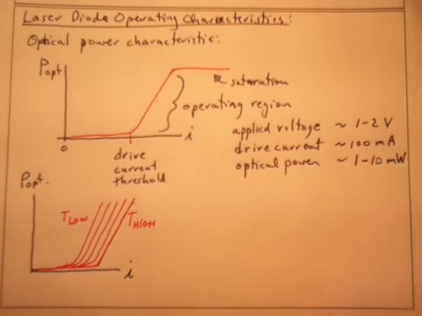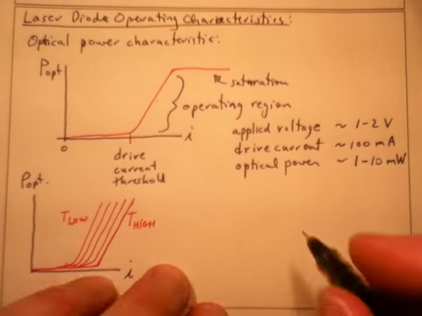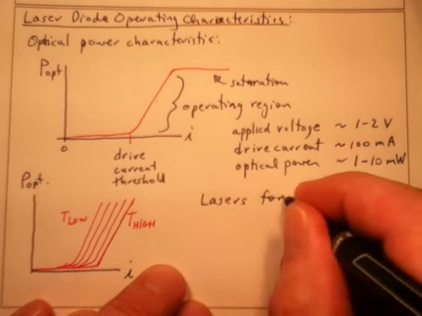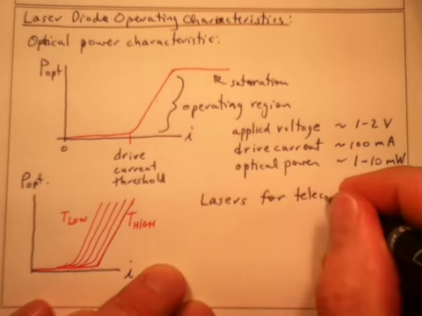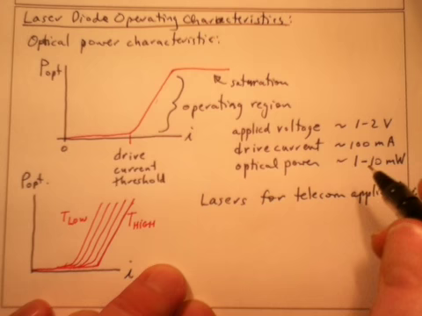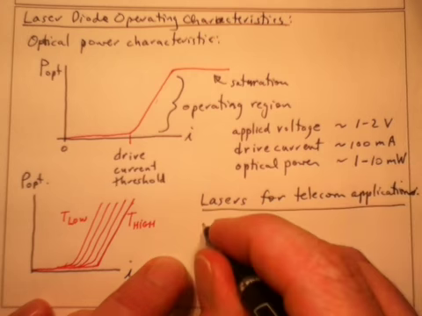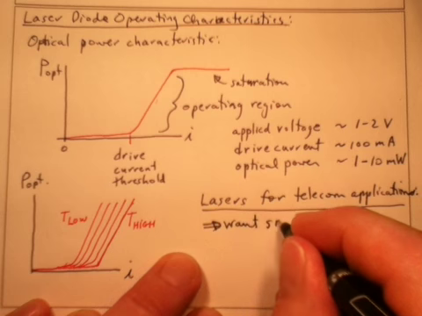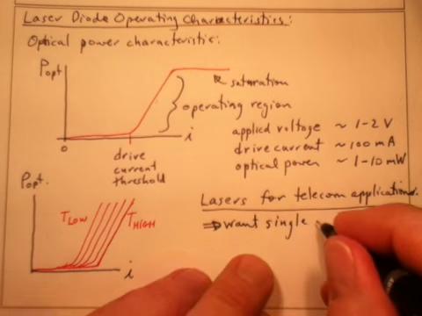The other thing that we do with these lasers that we use for telecom applications is that what we want is to get a single longitudinal mode, single longitudinal mode.